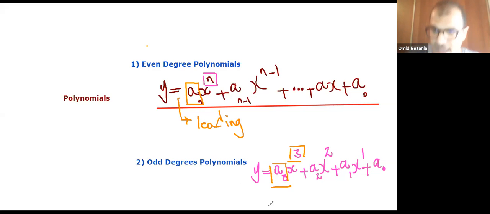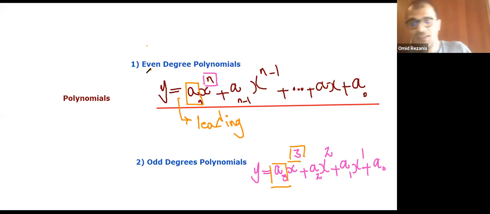Now, in order to talk about the asymptotic behavior of polynomials, it's important to make these distinctions. It is very important that our polynomial is either going to be even degree or odd degree, and what the leading coefficient is.